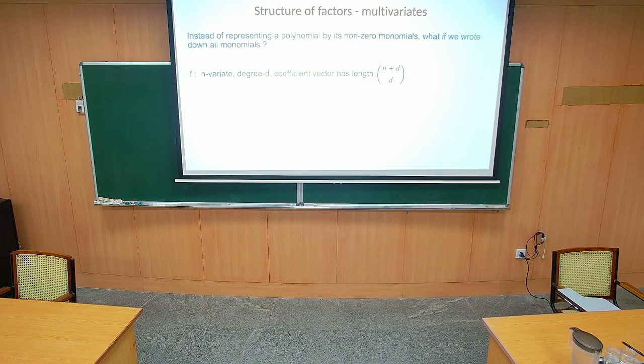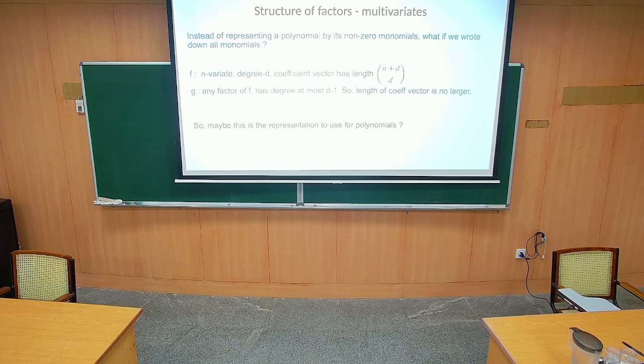If f is n-variate and has degree d, the coefficient vector has length (n+d choose d). And if g is any factor of it, then it will have degree at most d, so clearly the length of the coefficient vector of g will not be larger than this.